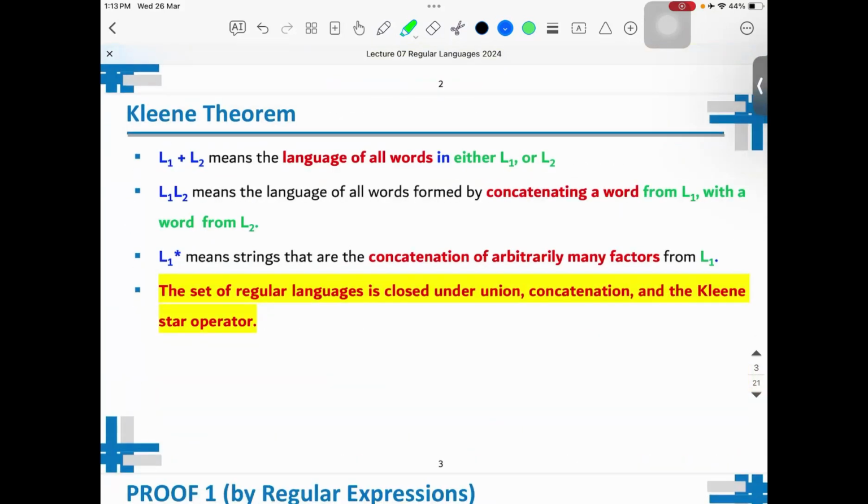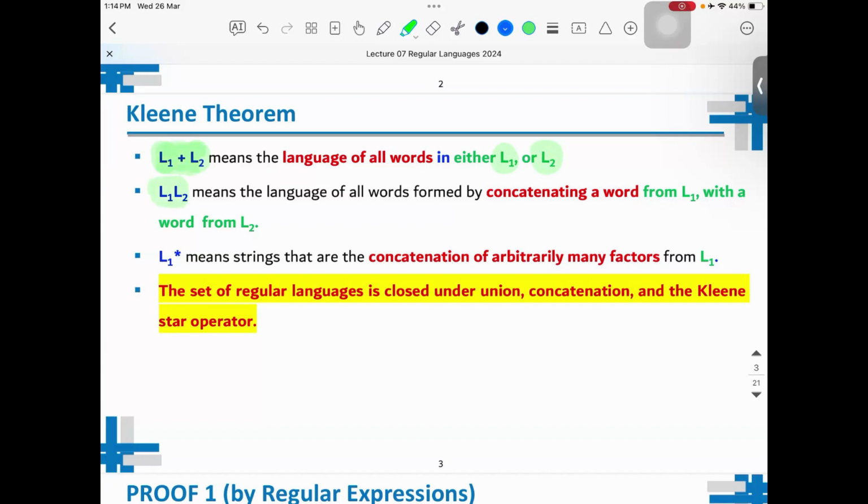Here, the same thing: if L1 is one language and L2 is another language, and we are taking the plus or union, it means that the resultant language consists of all the words that are either in L1 or in L2. When we are taking L1 dot L2, it means concatenation.